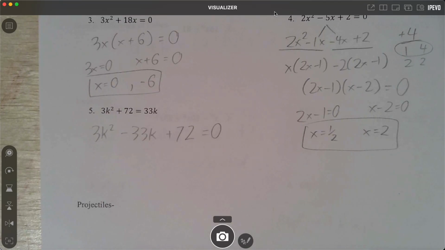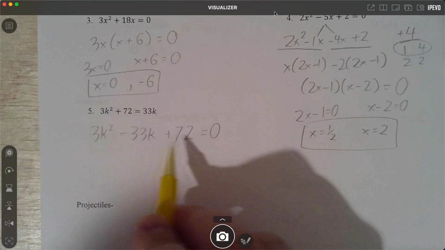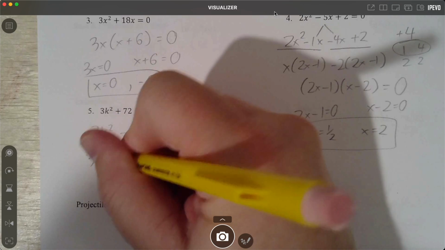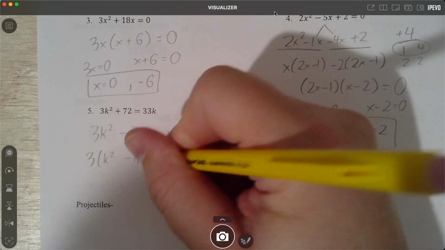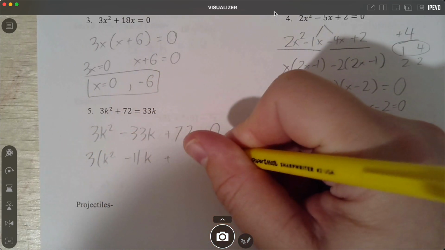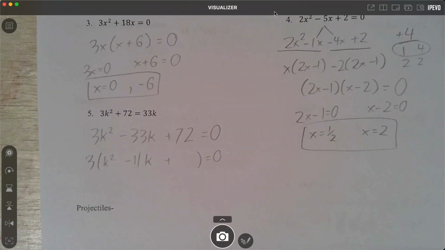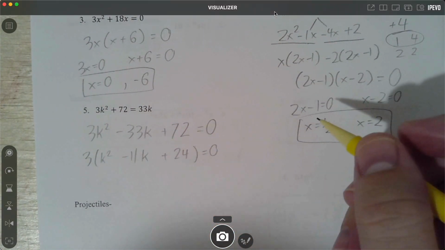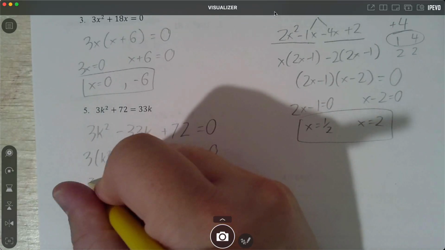Okay, so let's factor this one. 3, 33, 72. Be careful, they actually share a common 3. That'll be k squared minus 11k plus something. Think about that. 72 divided by 3 is 24. Finally, at the very end here, we're going to do quick factoring.